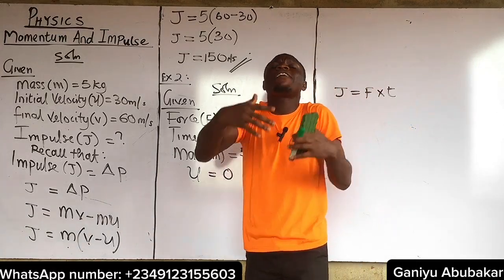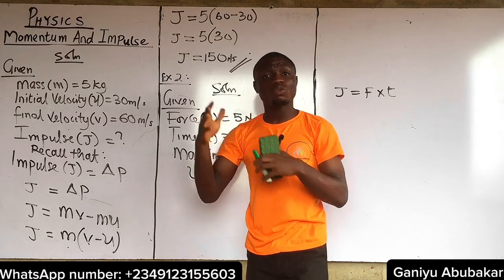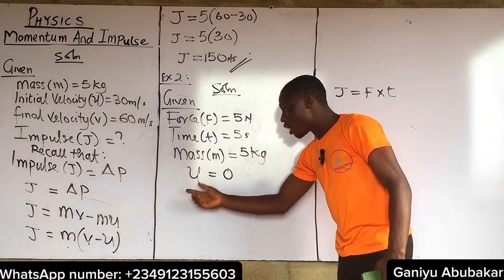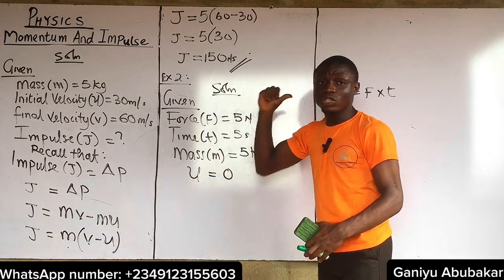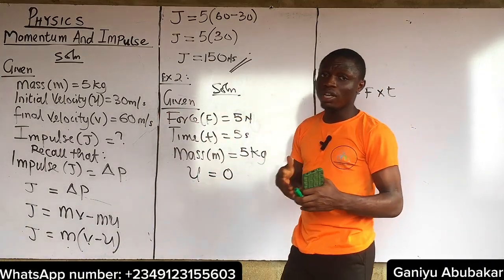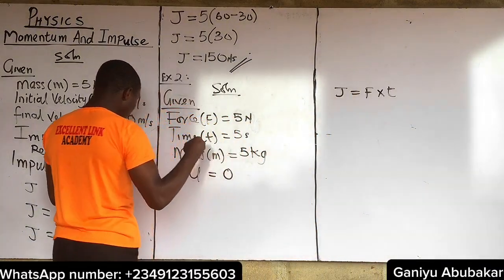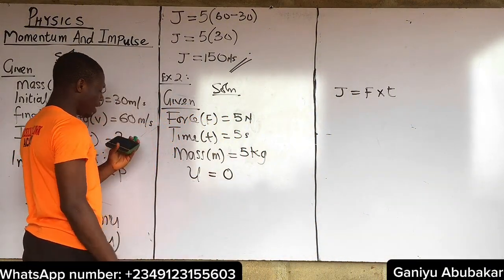When a body finally comes to rest, its final velocity v is equal to 0. I stressed this point during that class on motion. I'll drop the class on motion in the description of this video. So we're saying that initially at rest means that u is equal to 0.